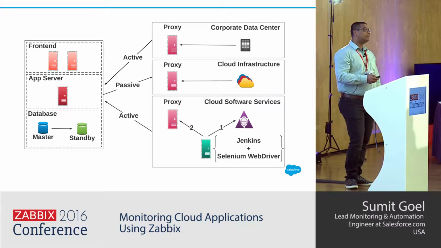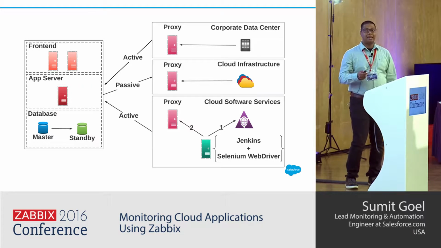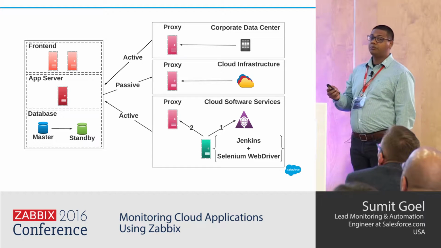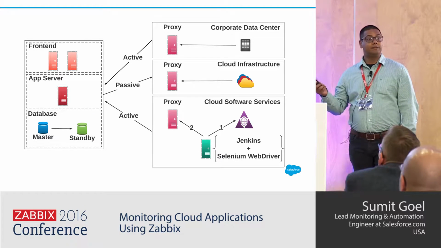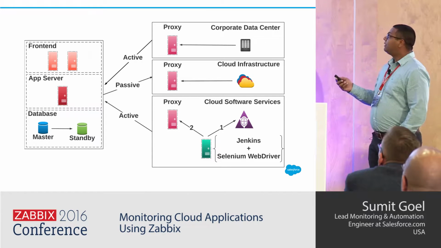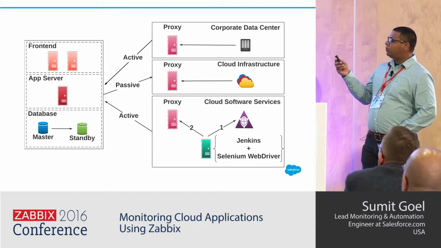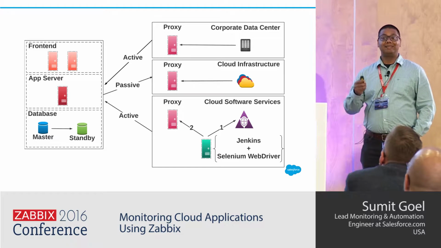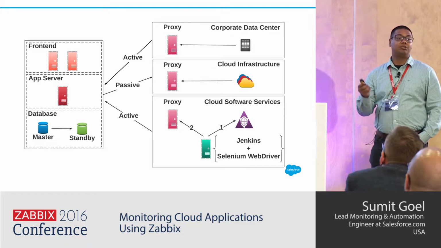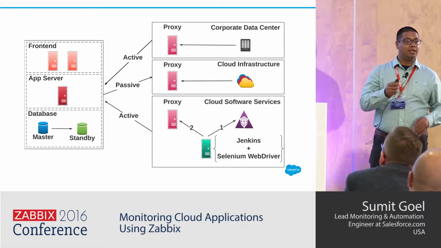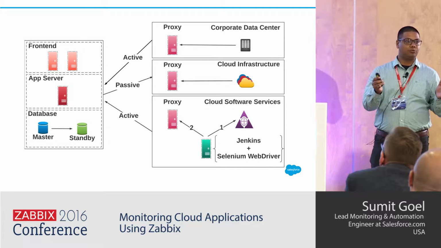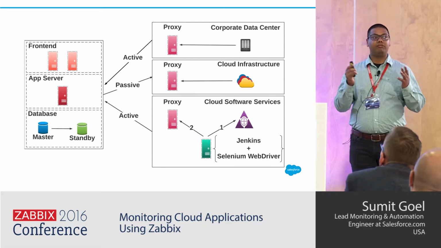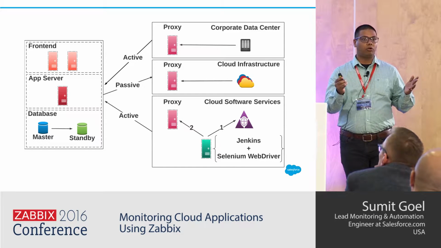But for complex scenarios, we use tools like Selenium WebDrivers, PhantomJS WebKit, and Jenkins. These tools have enabled us to create custom checks and use the Zabbix sender program to send the data back to Zabbix, so we can keep one collection point and have one single dashboard for our support teams.